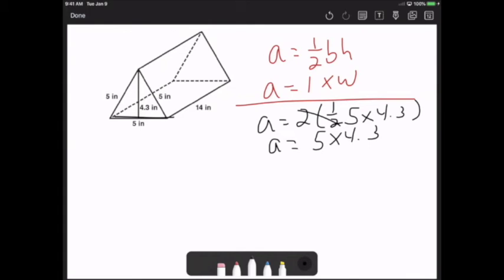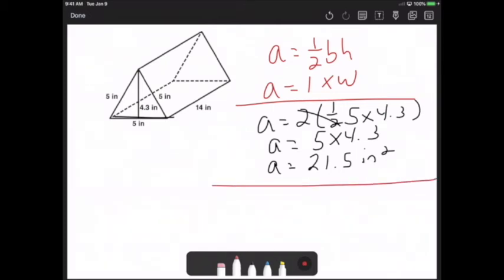You don't have to worry about the 2 times 1/2 because you have two triangles. And if you put the triangles together, you get a rectangle. So it's like length times width. So that's 5 times 4.3. So that area is going to be 21.5, and that's inches squared. So that takes care of our triangles.